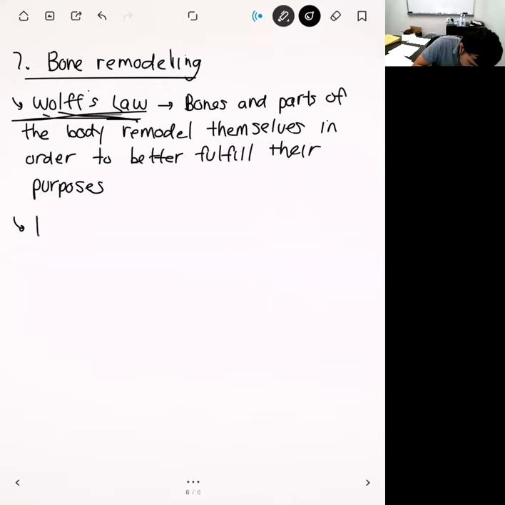The strict definition of bone remodeling is that this is the process through which older damaged bone material is reabsorbed into the bone and newer, stronger bone material is formed to take its place.